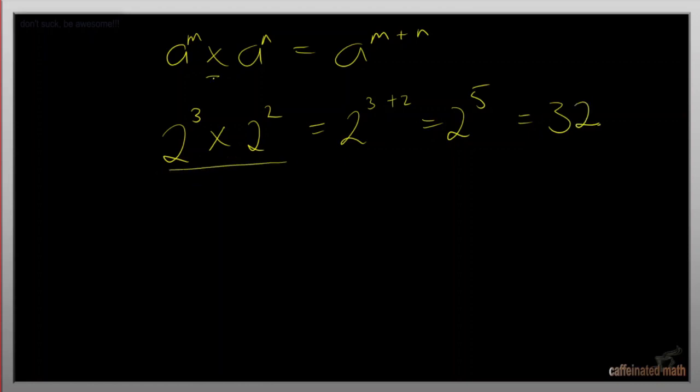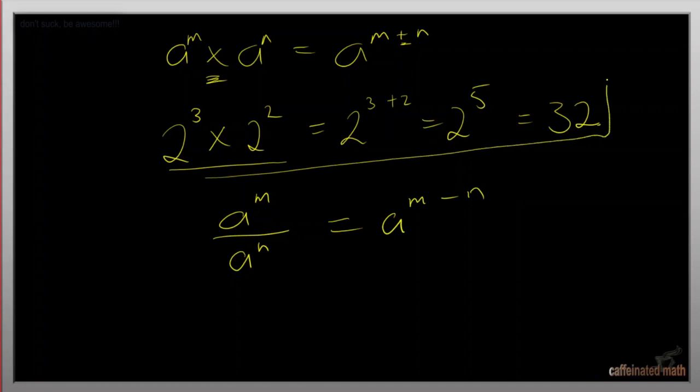Now, if multiplication leads to the addition of the exponents, then obviously it makes sense that division means we should subtract those exact same exponents. So that's going to be m minus n in this case. So let's just double check over here with our first example and reverse it.